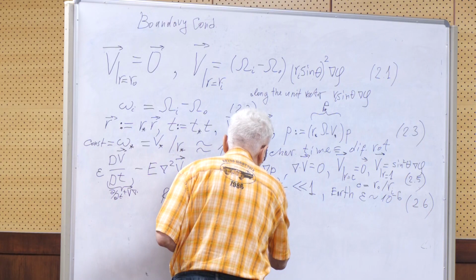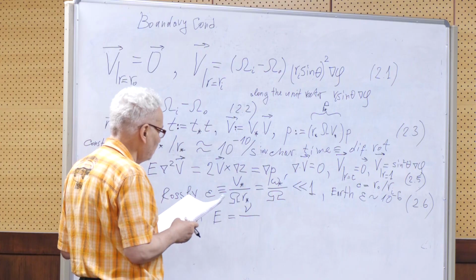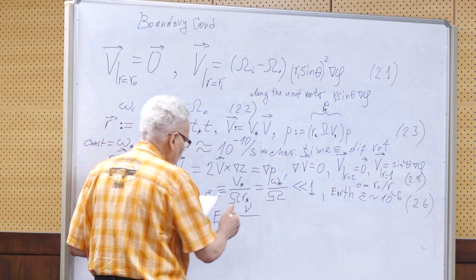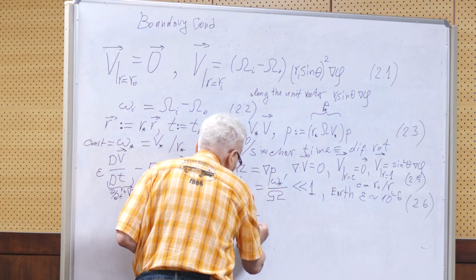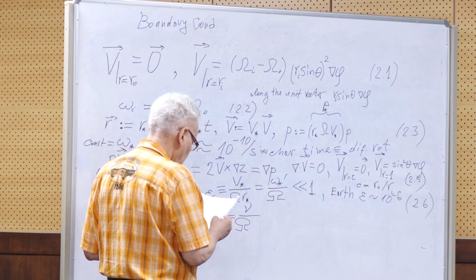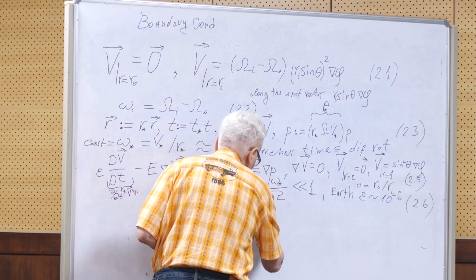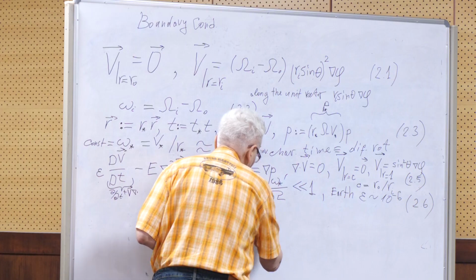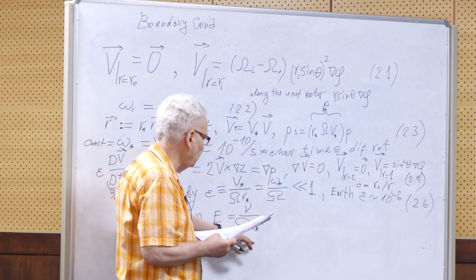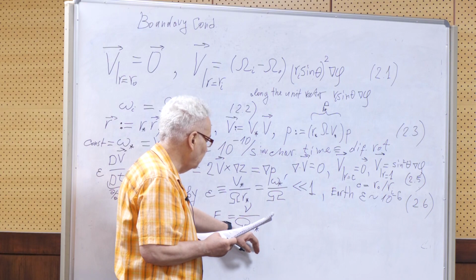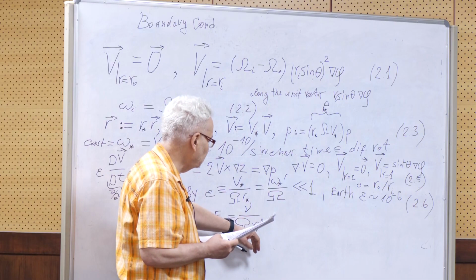We divide the viscosity coefficient, the kinematic viscosity coefficient, more precisely, by the characteristic value of, again, the real angular rotational rate, and then it's multiplied, as you see, by the square of the typical distance.